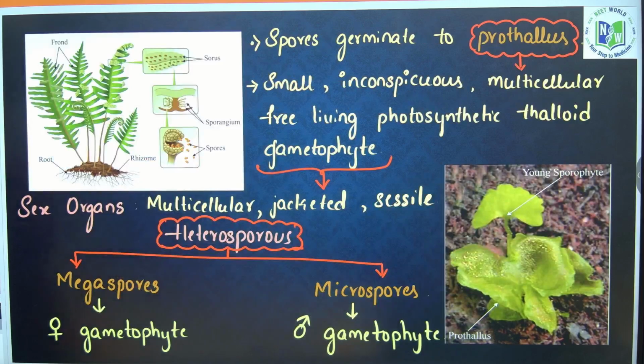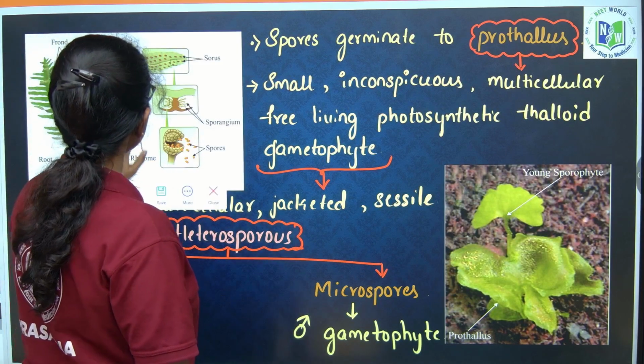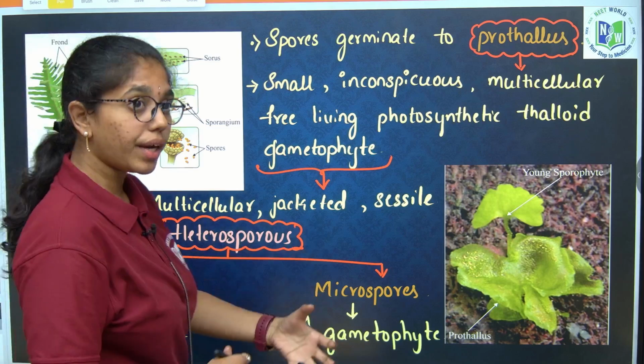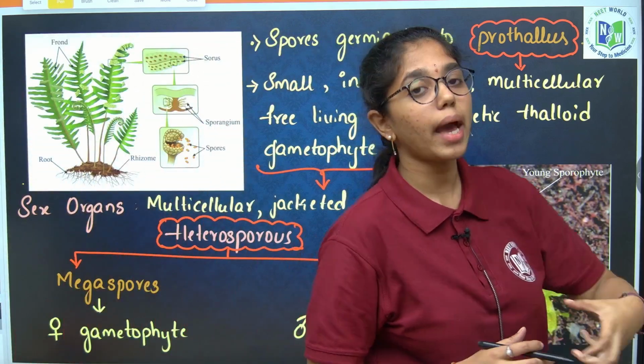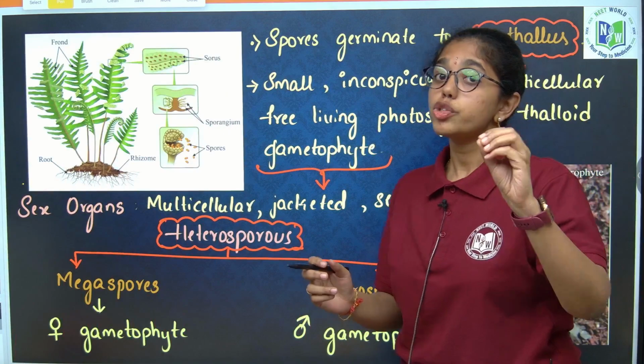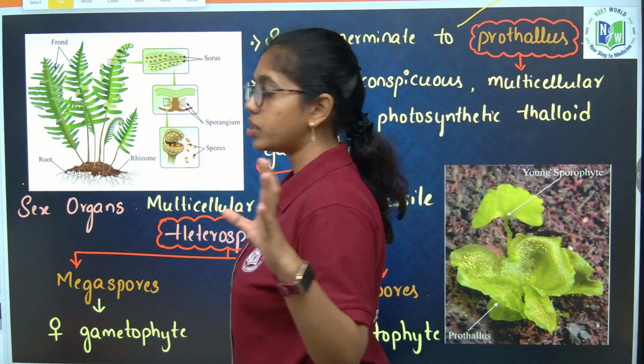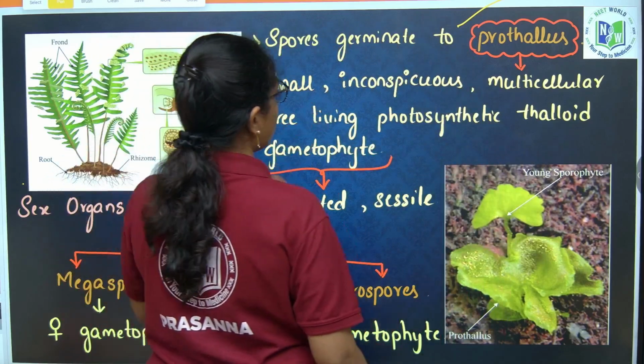So spores, there in bryophytes, in mosses, when spore is germinated, they are directly germinating into protonema. Here in pteridophytes, the primary gametophytic structure, that is, spores will first germinate into prothallus. Spores will first germinate into what, Nana? Prothallus.